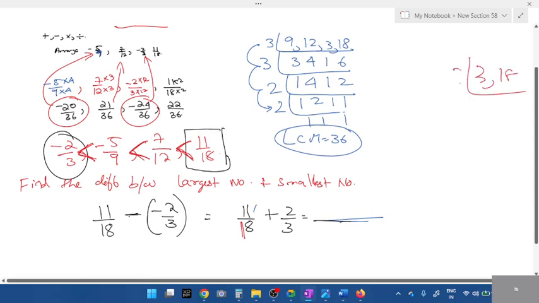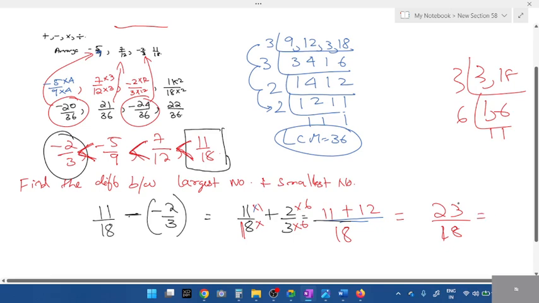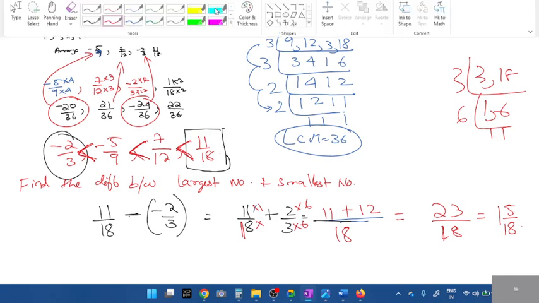Okay, if you take LCM, we'll get 18. 23 by 18, students. 23 by 18 is the answer. If you want to convert into decimal, you get a value. Or you can convert into decimal. Do it later.